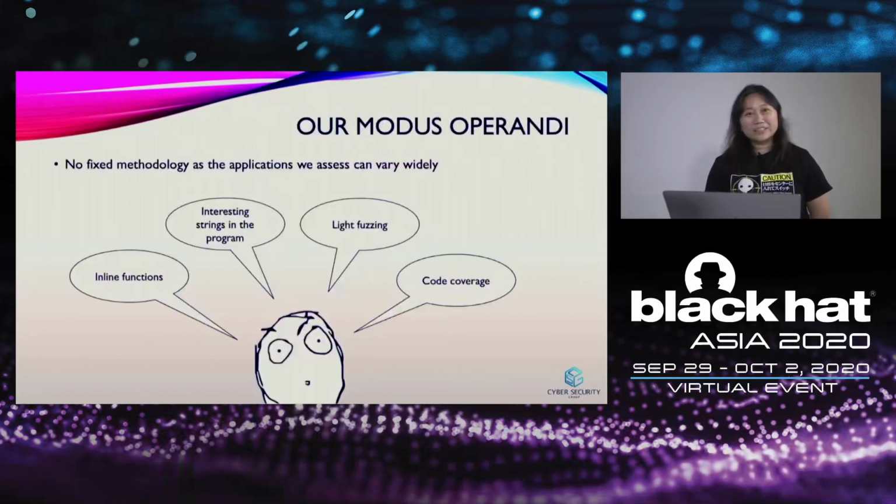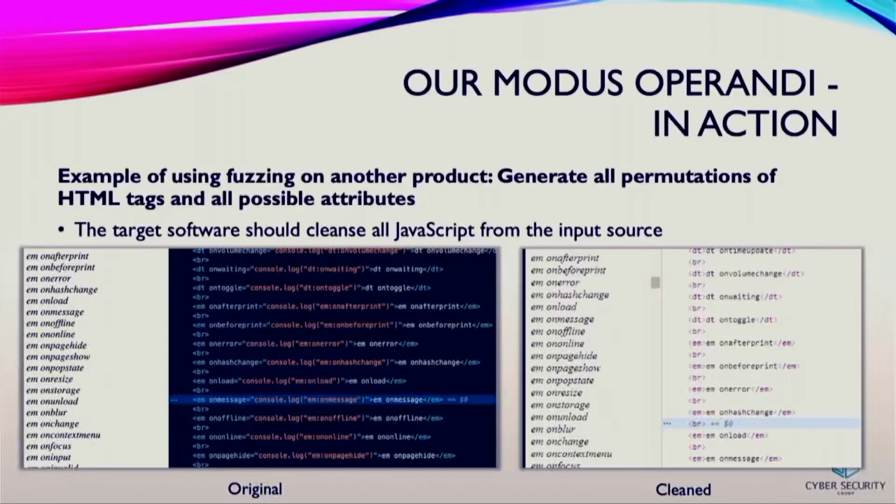As the applications that we test can vary widely, from thin clients to web applications to web gateways to black box appliances, we do not have a fixed methodology. This is an example from a previous application that we tested. We were supposed to test a web gateway that promised to cleanse all JavaScript from the input source.